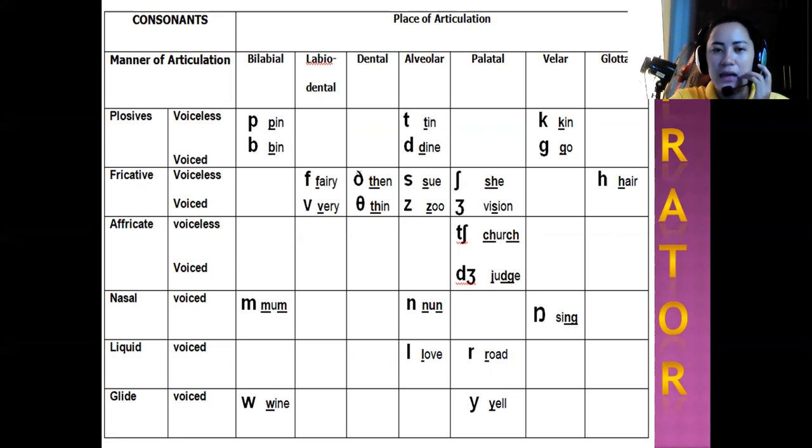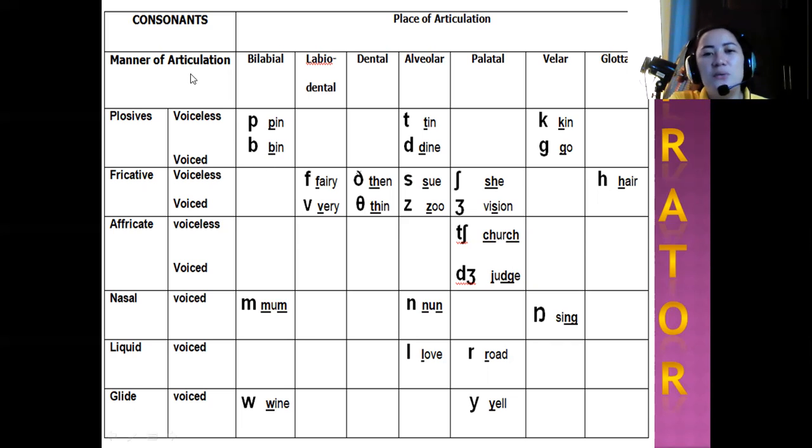Bilabial: upper lip and the lower lip, like in the sound p. I'm not producing any sound since it's voiceless, like in the word pin. Then for the voiced bilabial, we have the b, like in the word bin.